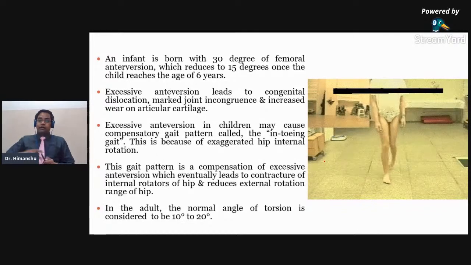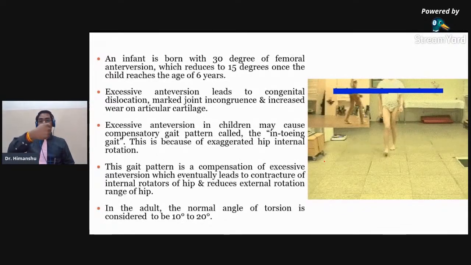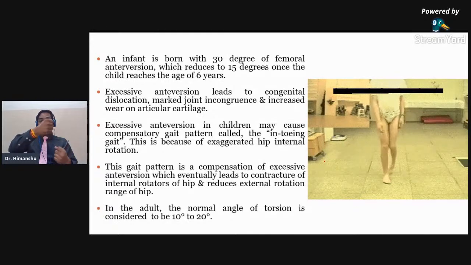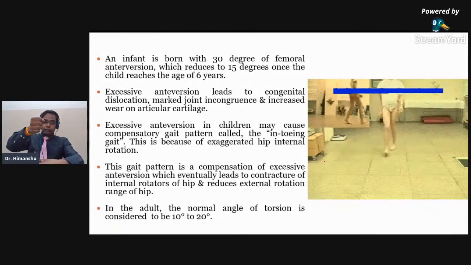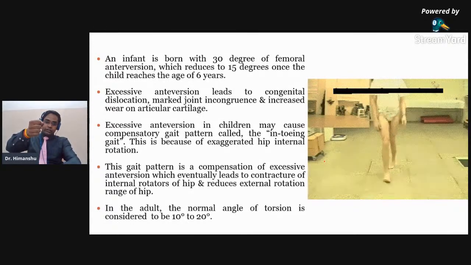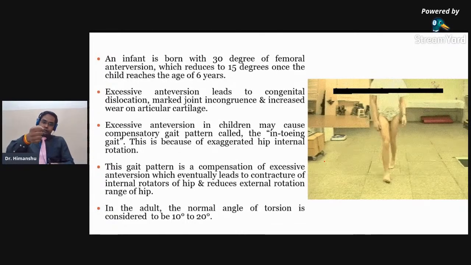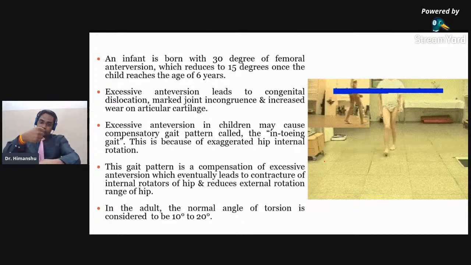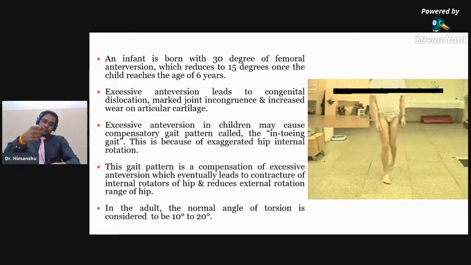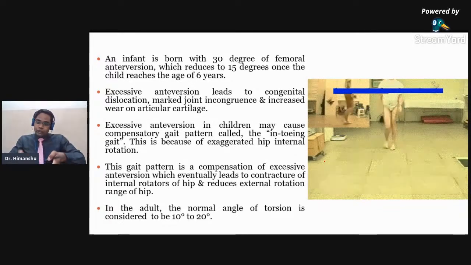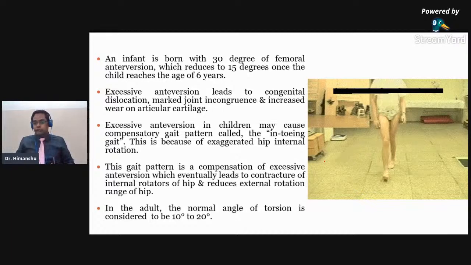Whenever the proximal superior portion of the bone is more antiverted, the patient will have the inferior surface of that bone more rotated internally. If the condyles are more rotated internally, it would take the whole knee joint into internal rotation.